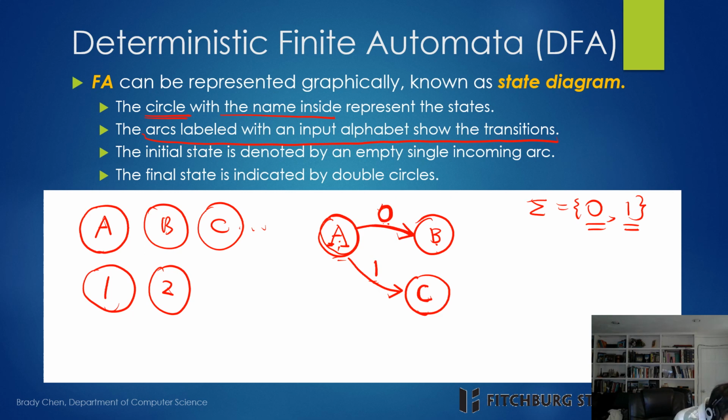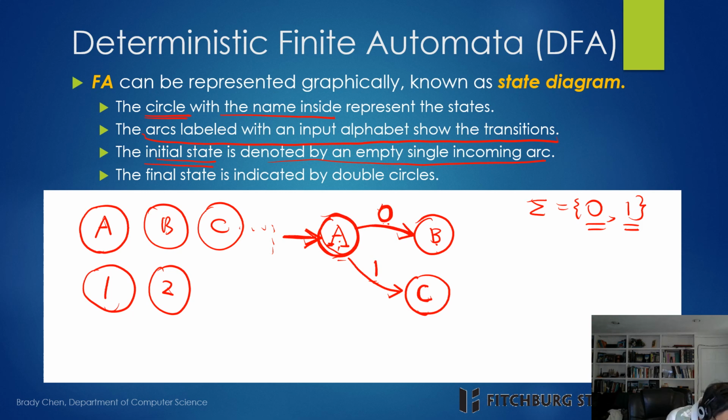The initial state, the start state, is denoted by a single incoming arc. It's coming from nowhere. There's nothing before the arc. So that means A is the start state.